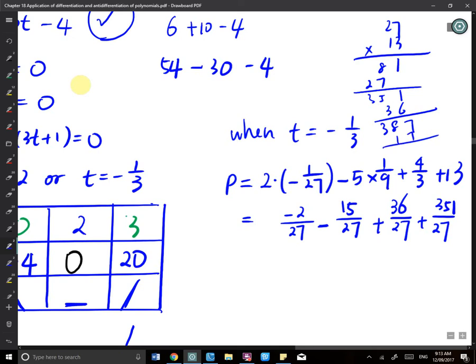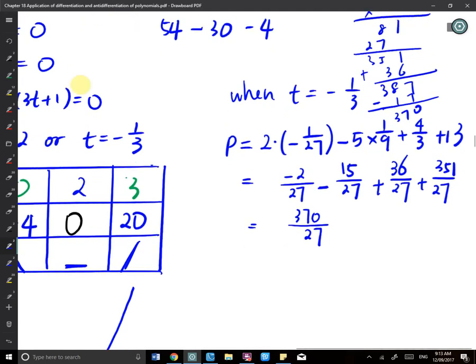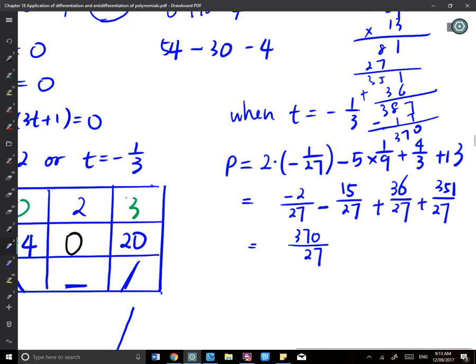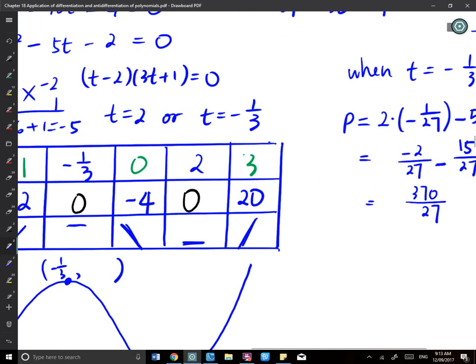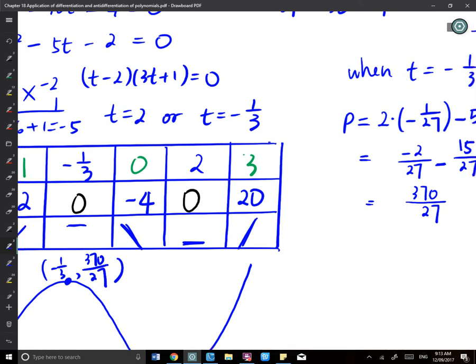That's 370 over 27. Is that correct? 370 over 27? Yeah, okay, good. My calculation skill is good. I have 370 over 27 as the y value, that's the coordinates.